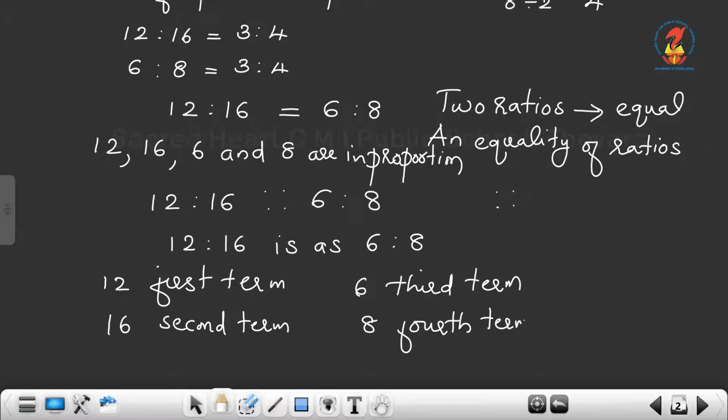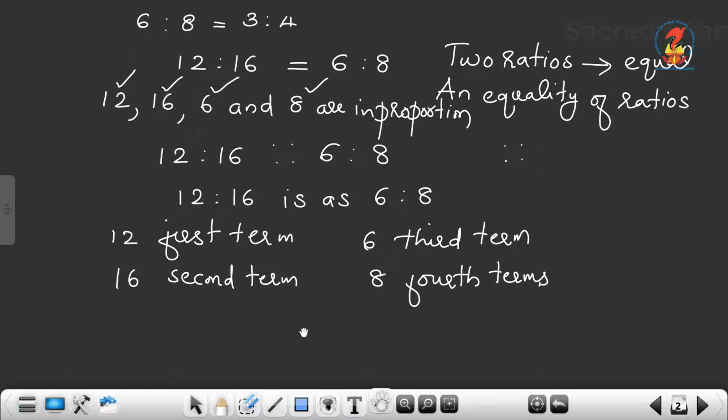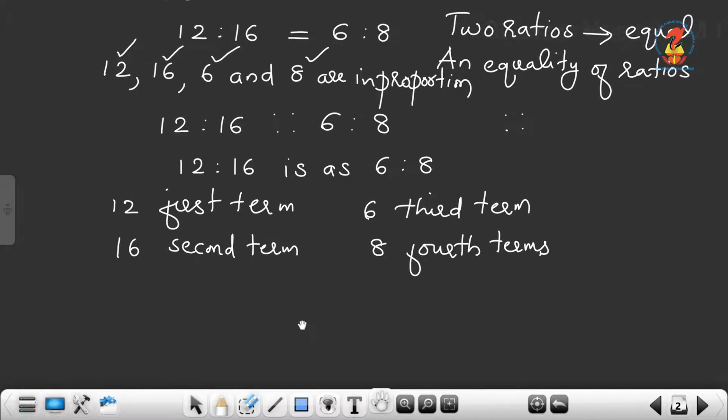In a proportion we have two ratios, so we get four terms, and these four quantities are the terms in the proportion. Then again, which are the first and the fourth terms? 12 and 8.